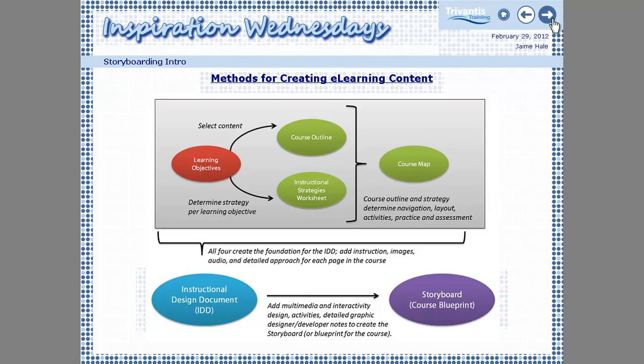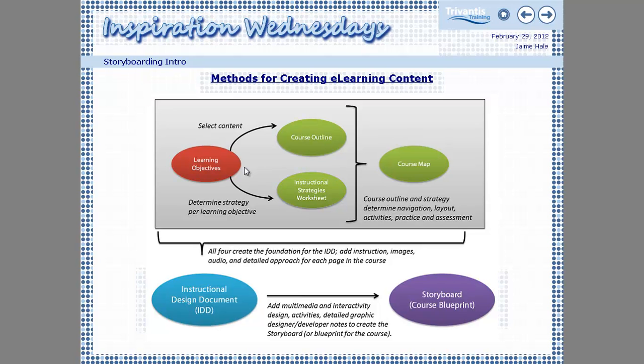Now, first things first, you're going to notice that you start off at the very beginning setting up your learning objectives. So your learning objectives are going to be the most important instructional design tool for self-paced e-learning because they're going to provide your course direction, thus creating the foundation for your course.